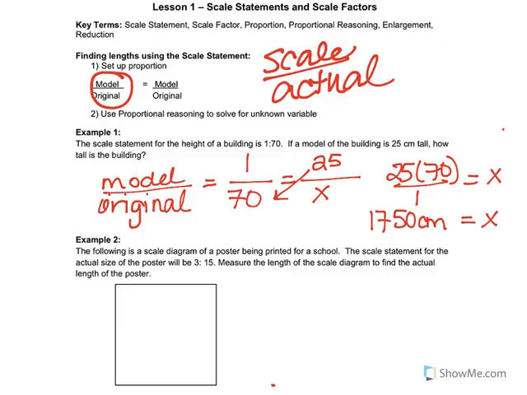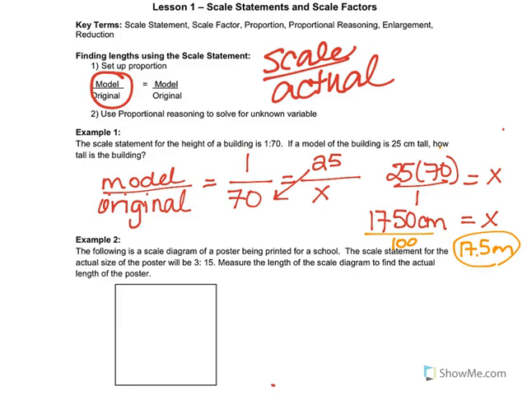Now, we don't often talk about buildings in centimeters, so it might be more useful to describe it in meters. So we would divide by 100. So 17.5 meters is a much more appropriate description of this building.